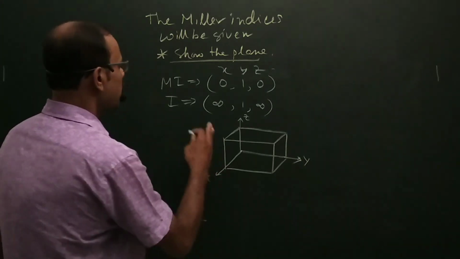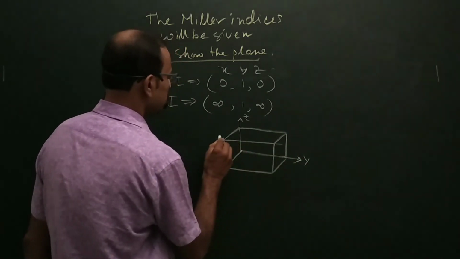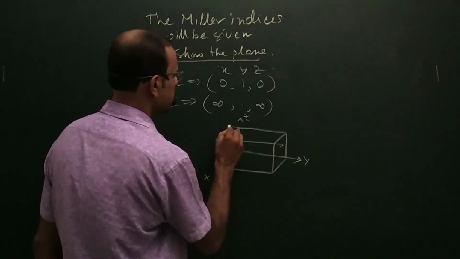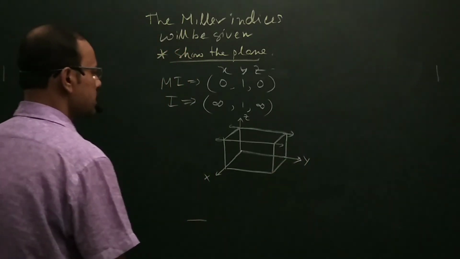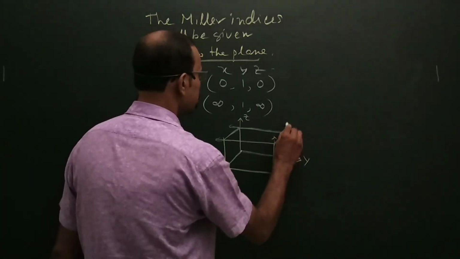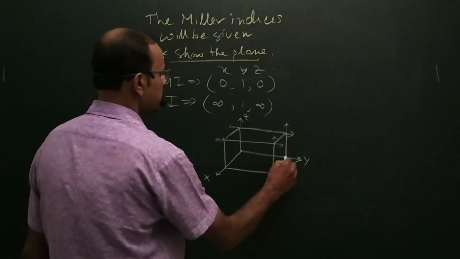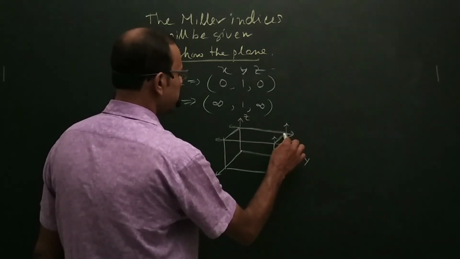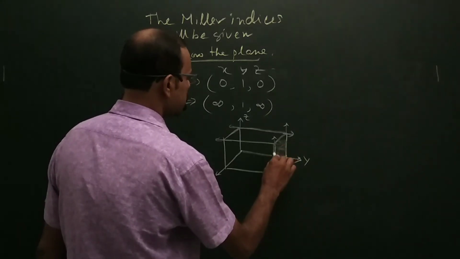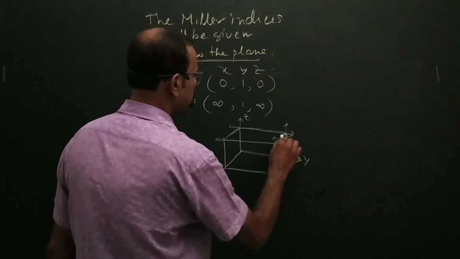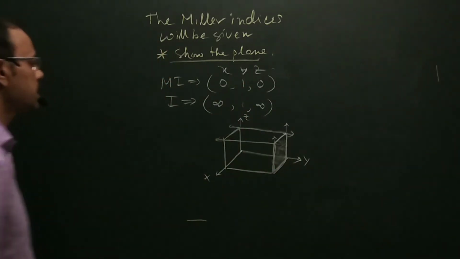So the plane is parallel to x-axis, means it will contain this line, it will contain this line, okay? The plane is also parallel to z-axis, that it will contain this line or this line, and it intersects the y-axis at unit length, that is at this point. So the plane will be, of course, this one, okay? This one will be the plane for which the Miller indices is given here 0, 1, 0.